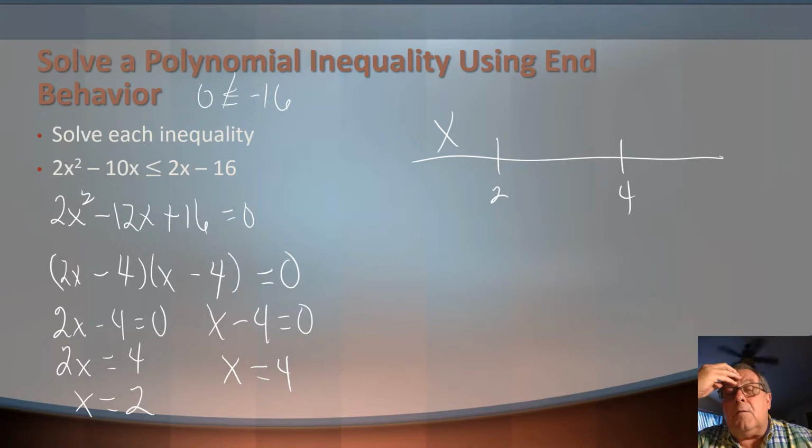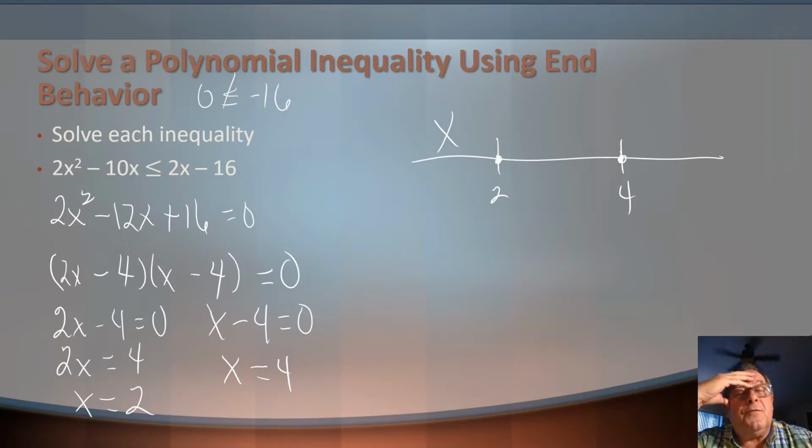Now I need a number between 2 and 4. By the way, this is a less than or equal to, so I've got closed dots here and here, because it's going to include 2 and 4 in my solution set. Let's choose 3.